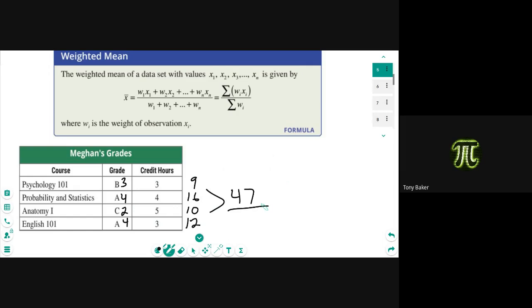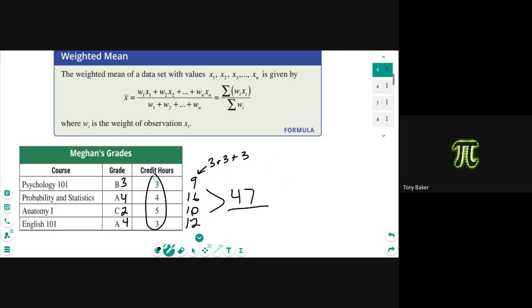What am I dividing it by? How many numbers did I technically add? I didn't add 4. Really, that 9 right there is 3 plus 3 plus 3, right? So that 9 is really 3 3s. That 16 is really 4 4s. That 10 is really 5 2s, right? So I'm not adding 4 numbers.